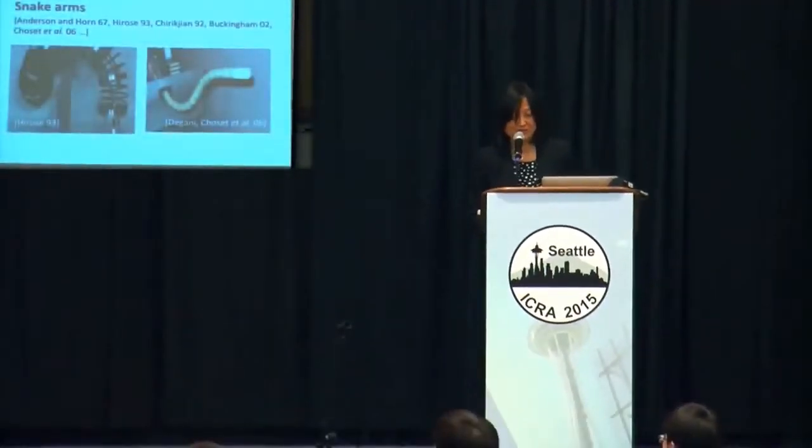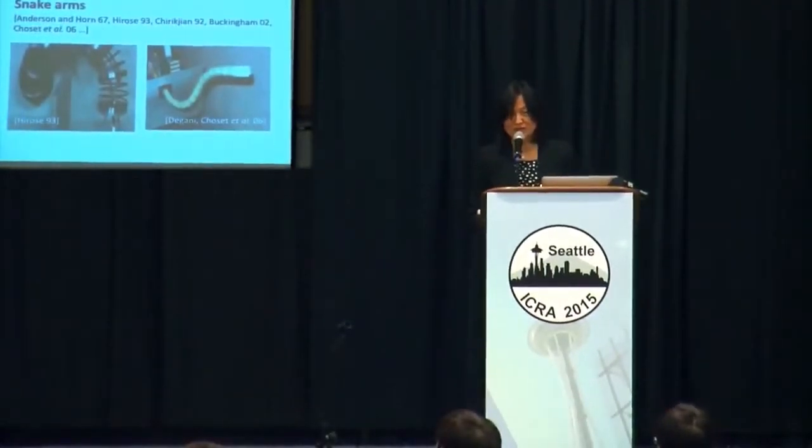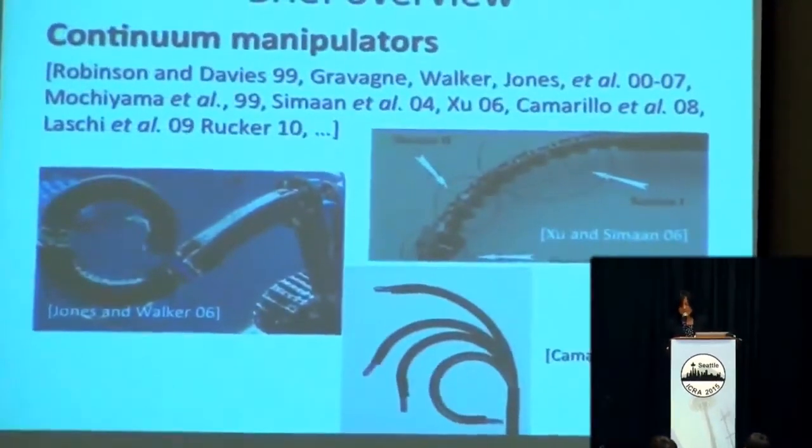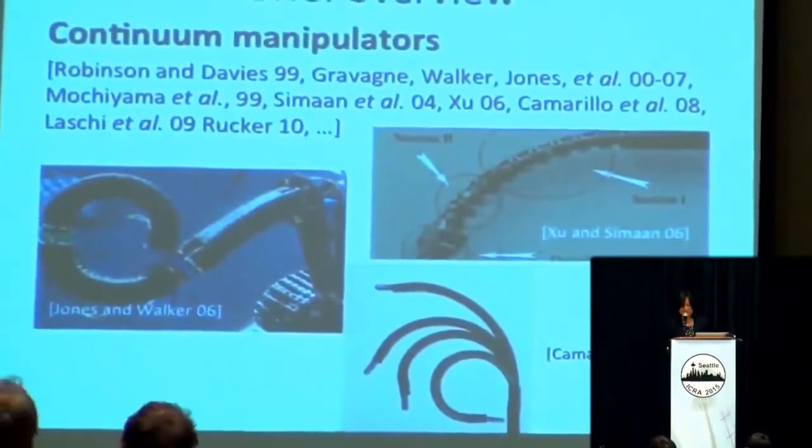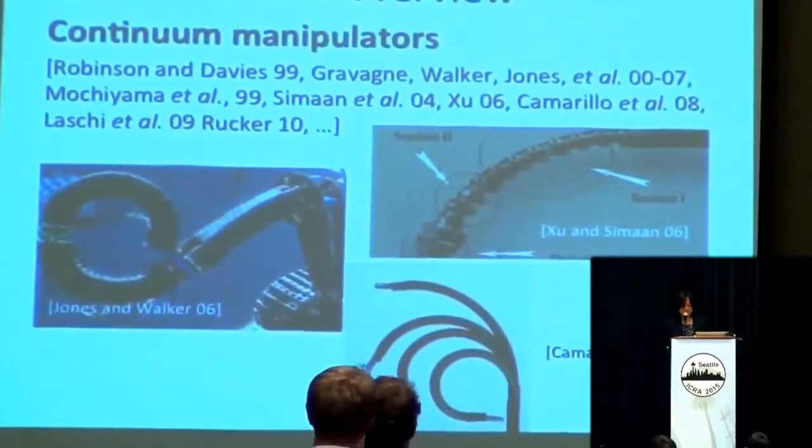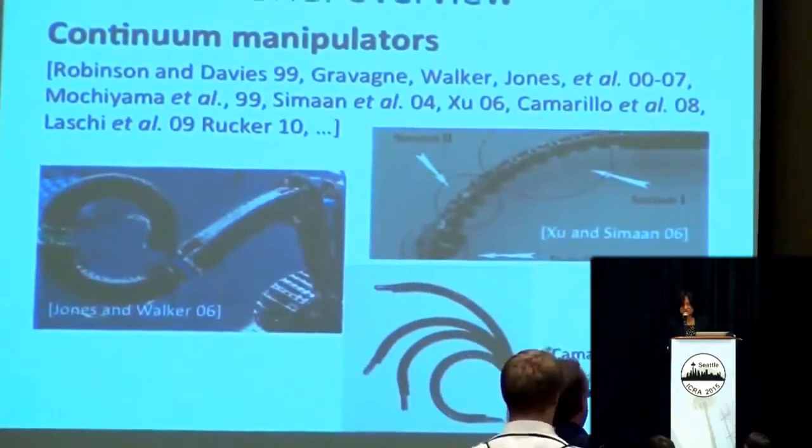The history of continuum manipulators can be traced back to the design by Anderson and Horn and Hirose on tendon-driven arms. As Xiao's work pointed out, the hyper-redundant manipulators like snake robots shown here actually approximate a continuous backbone structure. Since the 1990s, there has been a lot more development in the hardware and kinematics, dynamics, and control of continuum manipulators.